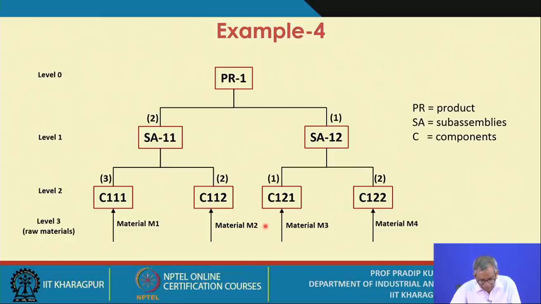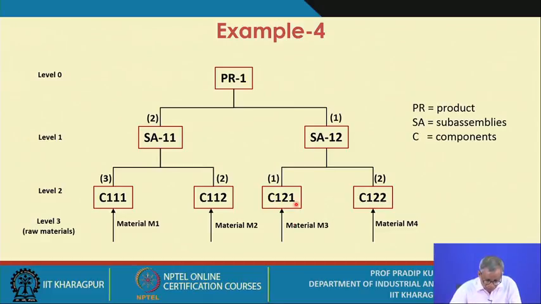Based on the physical properties required as well as the chemical compositions required, and the chemical compositions actually may determine the physical properties, you select the appropriate raw materials as required for this component. Similarly, for subassembly 12, you need component C121 and component C122.